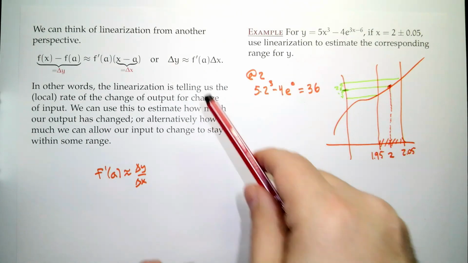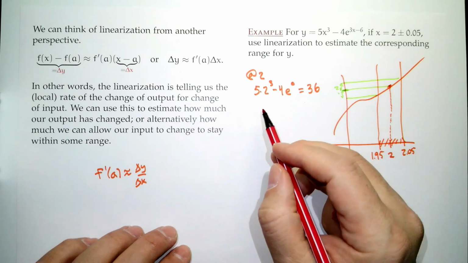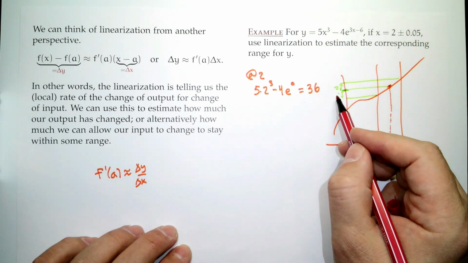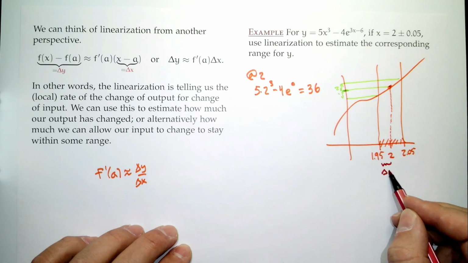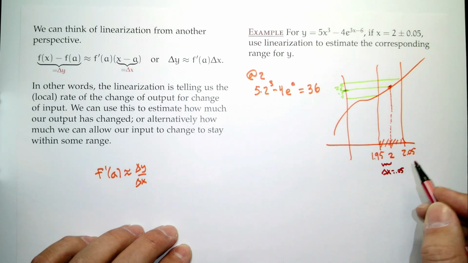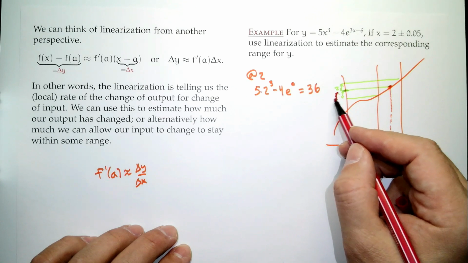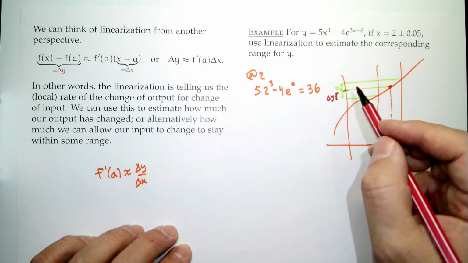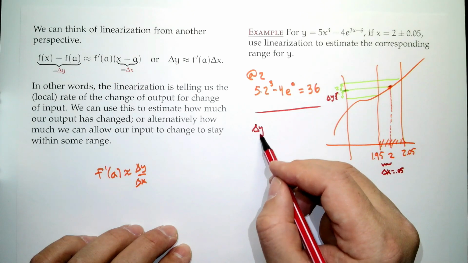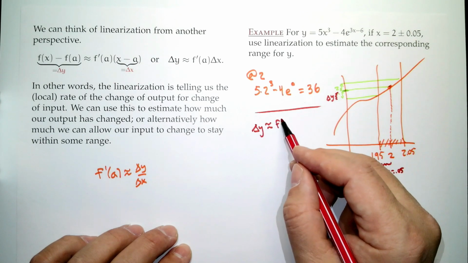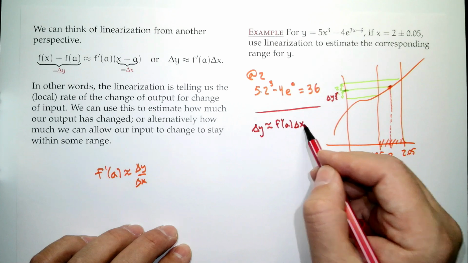Well, we use the formula here. We know that delta y, the change in y, so let's first go on here. Here's the delta x, which is 0.05. The delta y, that's this mark up here, how much I can vary. So we have that delta y is approximately f prime of a times delta x.